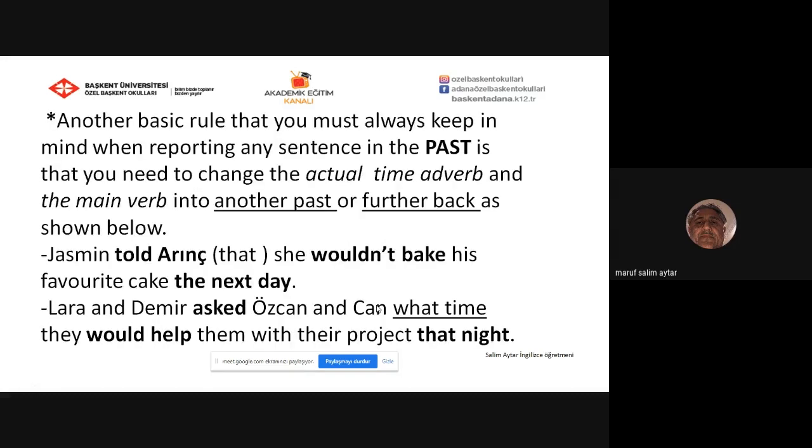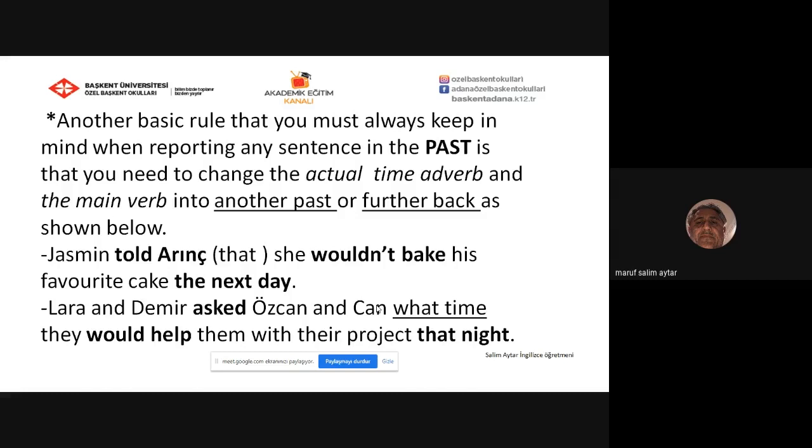Another basic rule that you must always keep in mind when reporting any sentence in the past is that you need to change the actual time adverb and the main verb into another past, or with other words, into further back as shown below.